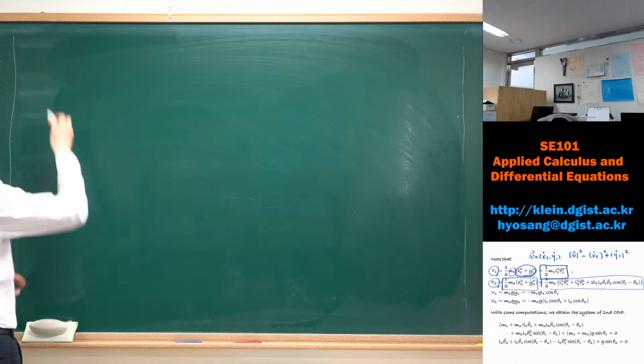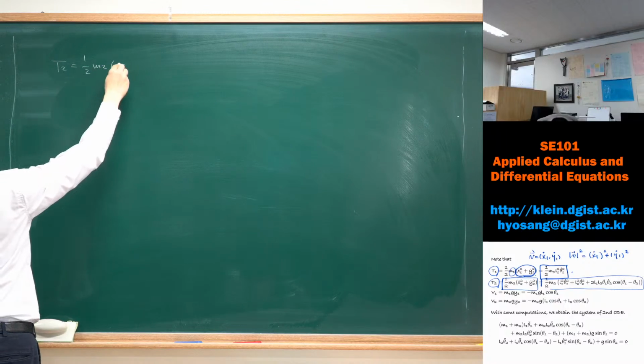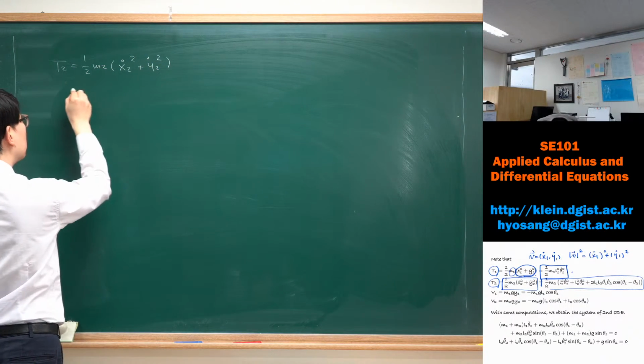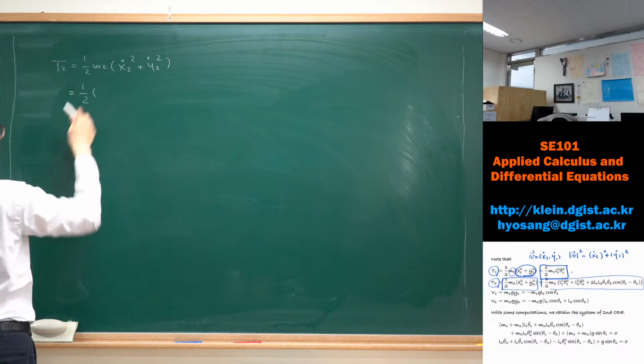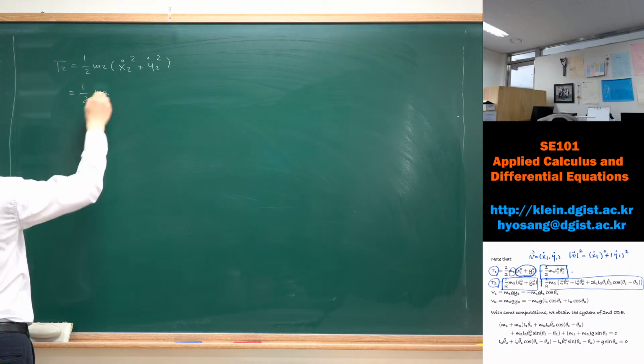So T2 is 1 over 2 m2 times x2 dot square plus y2 dot square.